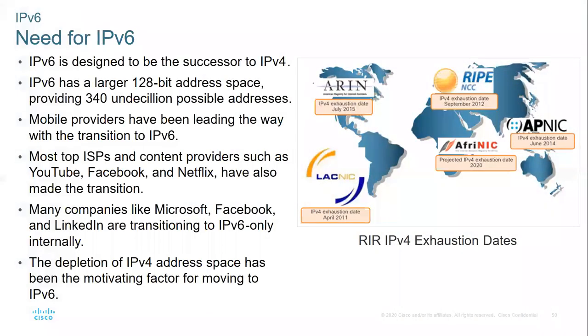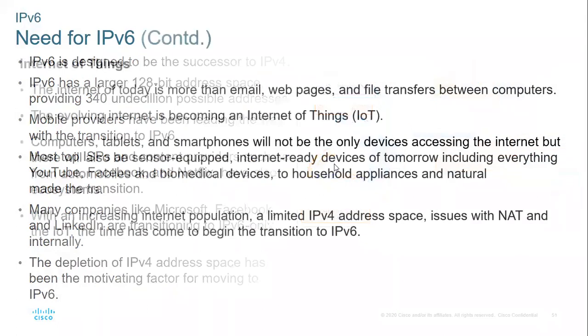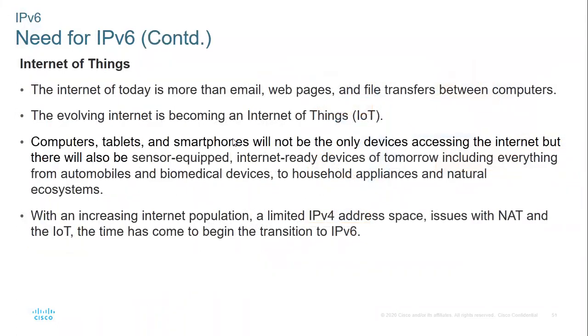So since we're running out of IPv4, they introduced IPv6, okay? You can see that it has 128 bits. So this one gives us trillions and trillions of addresses, okay? And in each continent, you can see these are the organizations responsible for assigning IP addresses and making sure that there is order on the internet, okay?